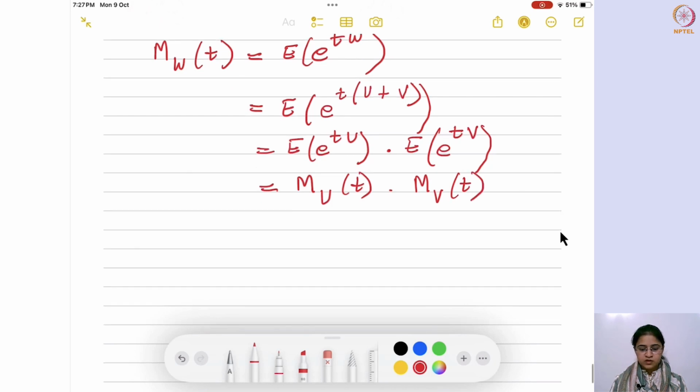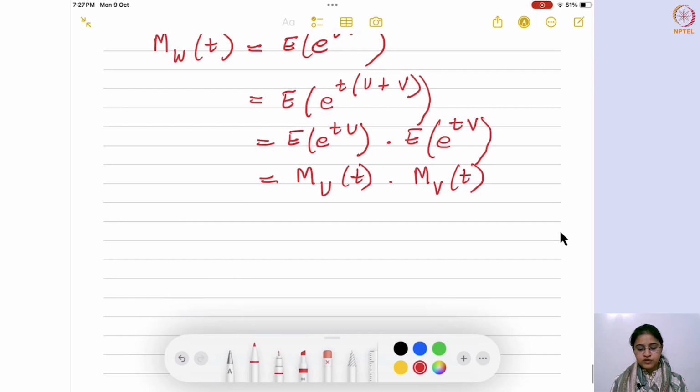For W we know it follows chi square distribution with n degrees of freedom, so its MGF would be (1 minus 2t) to the power minus n by 2, right?